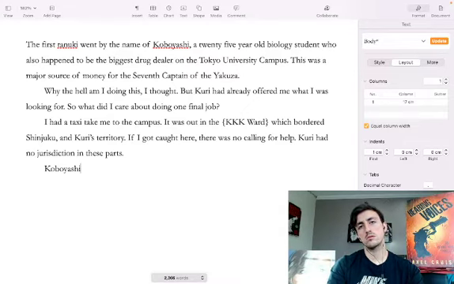So it might be better if this 25-year-old biology student is maybe the son of the 7th captain of the Yakuza. All right, maybe he's the son, and then our guy sort of helps him out of a situation, and then he's so happy, he's so grateful that he introduces him to the father.